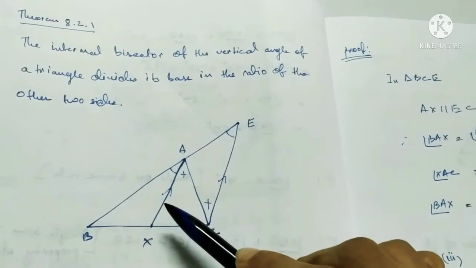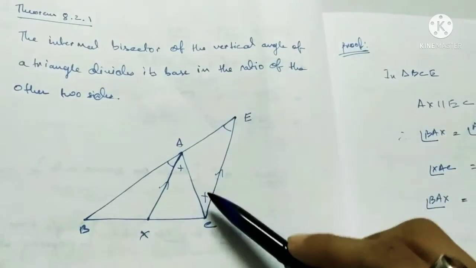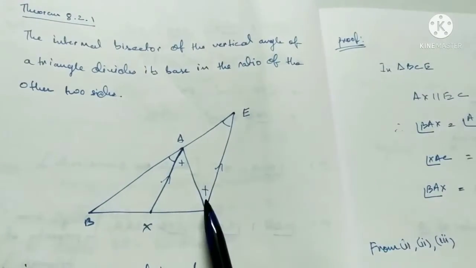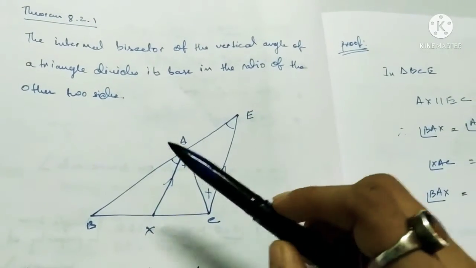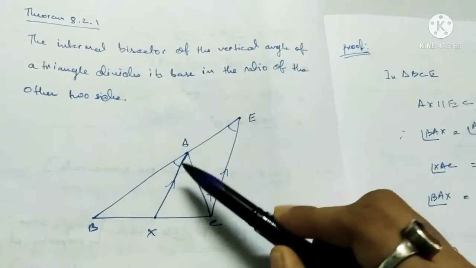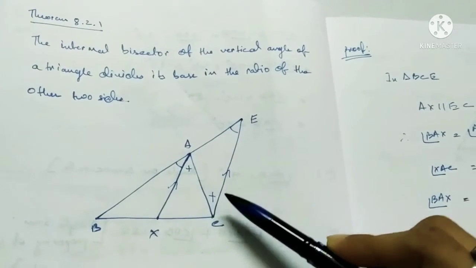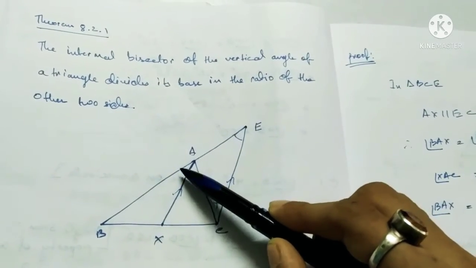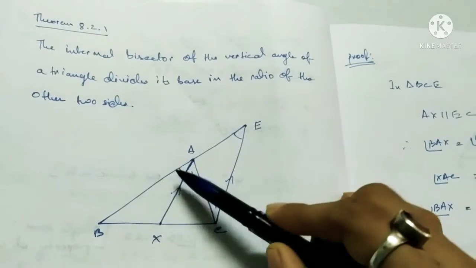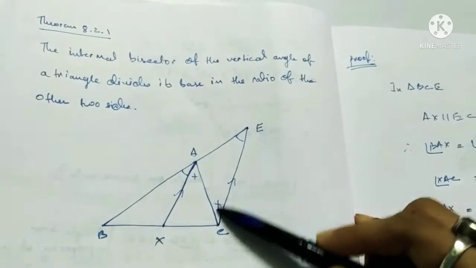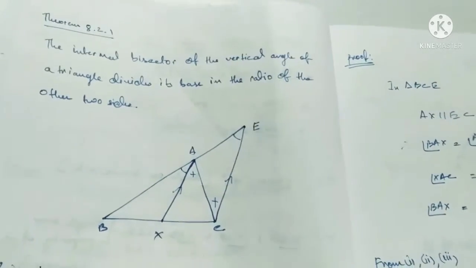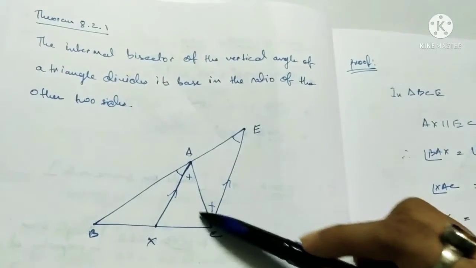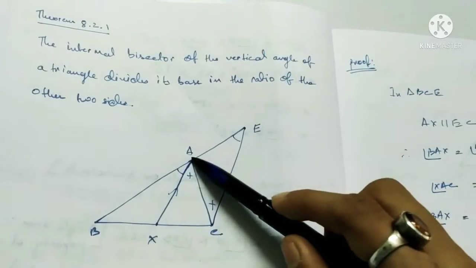So from 1, 2 and 3, I get angle AEC is equal to angle ACE. Since these two are equal, in triangle ACE, AC will be equal to AE.